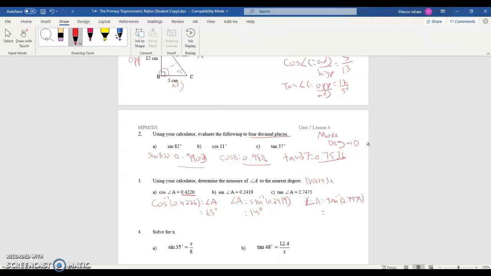So angle A is going to be, so again, make sure it's in degrees mode, so second function, inverse tan. You might not have second function, you might have shift on yours instead, depending on your calculator. Again, watch that tutorial, or look up your calculator on Google, or look at the instruction manual. So inverse tan of 2.7475 is 70.00015, so we want to round to the nearest degree, so 70 degrees.